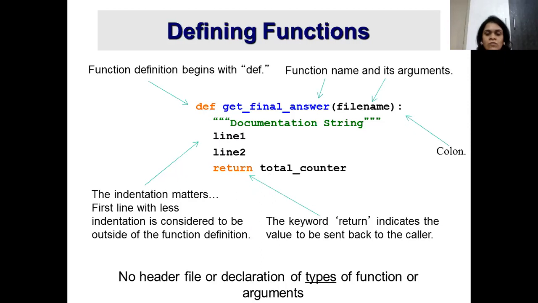Any lines of code written after the return statement will not be executed. So I hope you have understood the basic function syntax and you are able to define a function in Python. We need to note that for functions in Python, we need not include any header files or any explicit data types for a function.